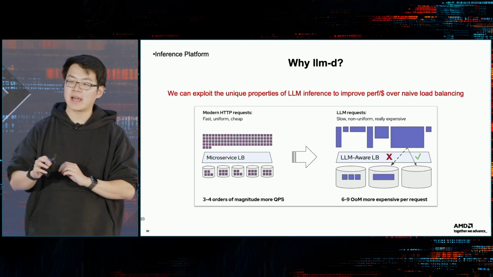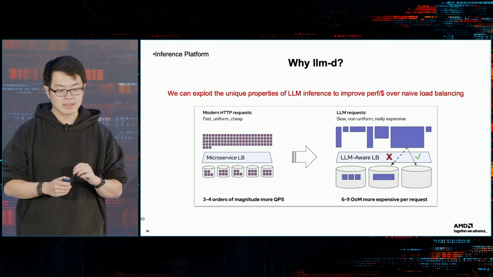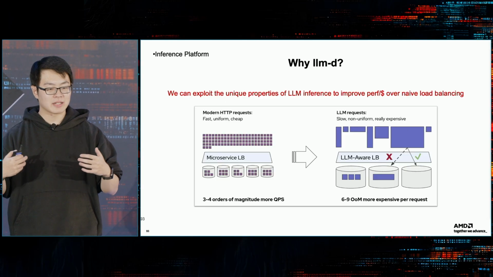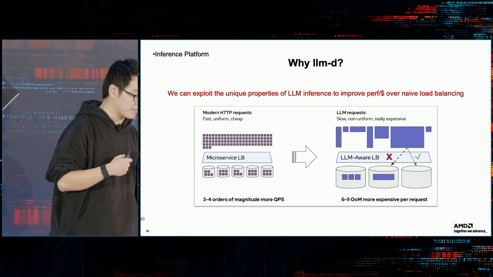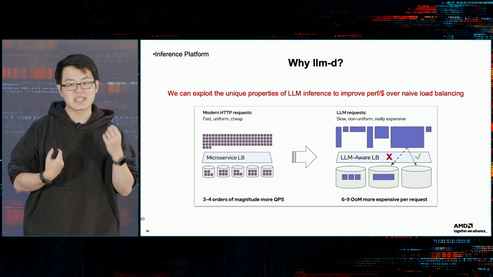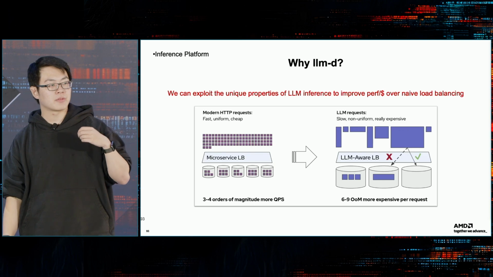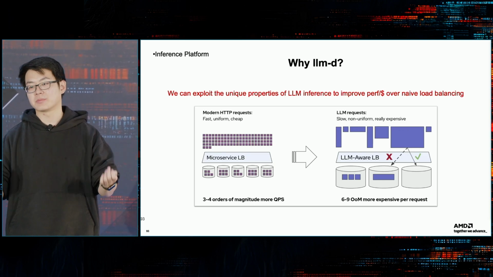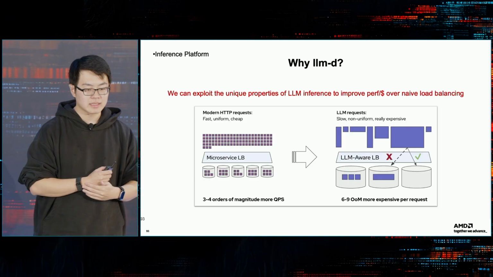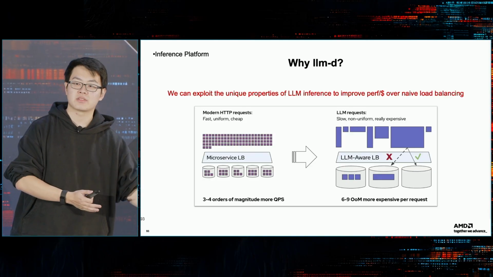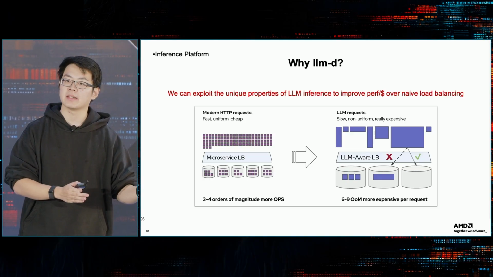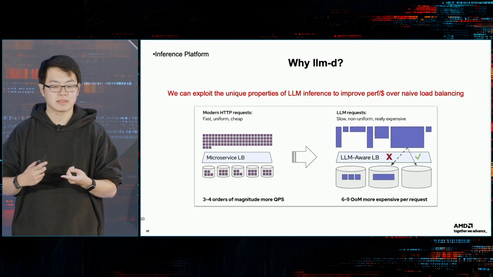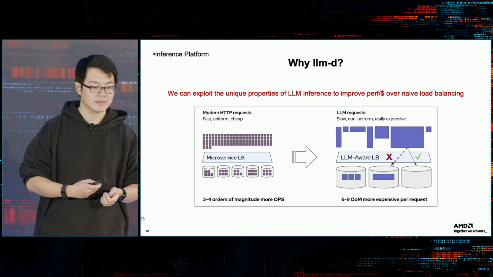They are orders of magnitude more expensive, and the QPS is a lot smaller because they're expensive. Those two combined, plus the fact that LLM inference is predictive in nature, mean every single prompt and every single response can vary in length and in the resources used. This really causes a problem for the existing service paradigm within Kubernetes, and how would you optimize it for LLM inference that is slow, non-uniform, and really expensive.